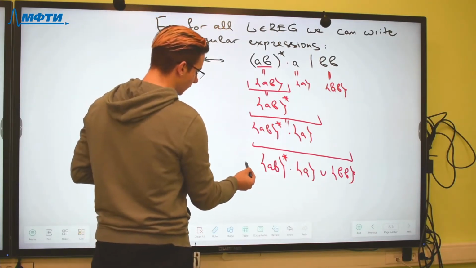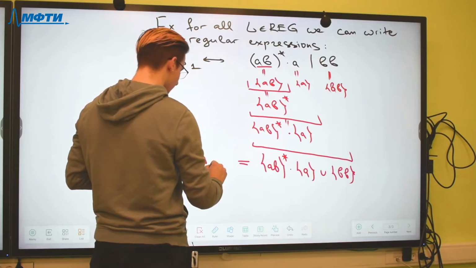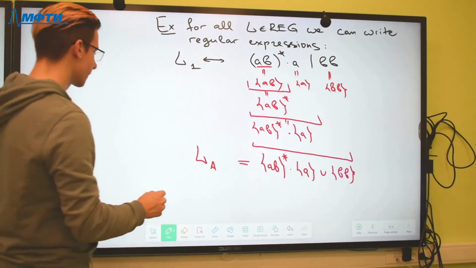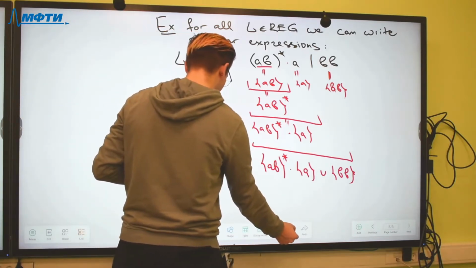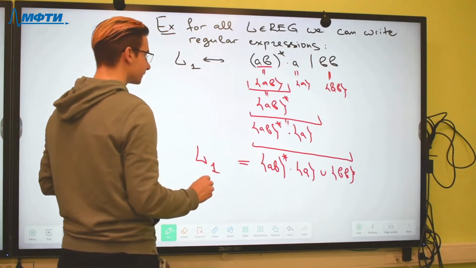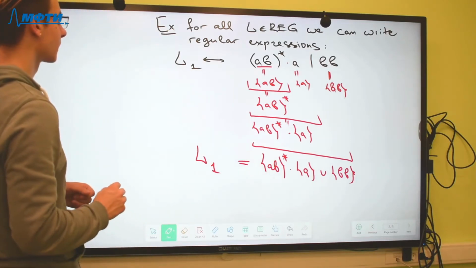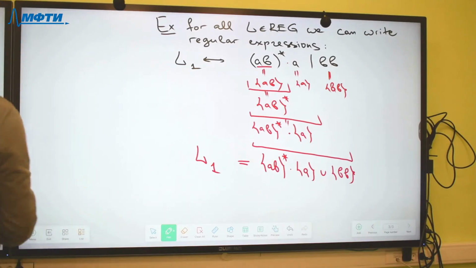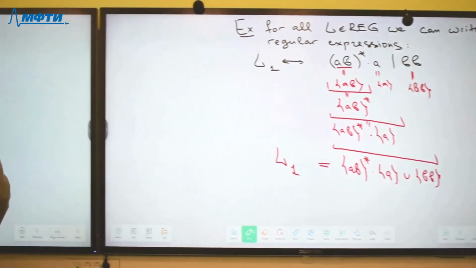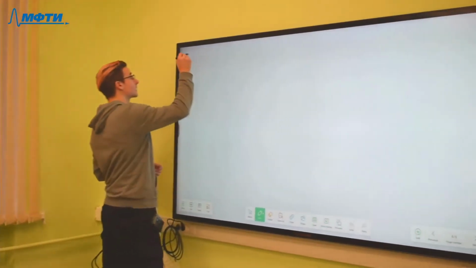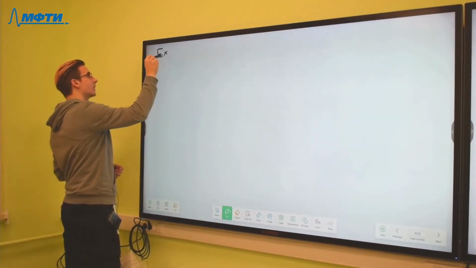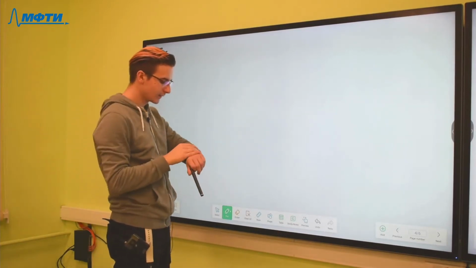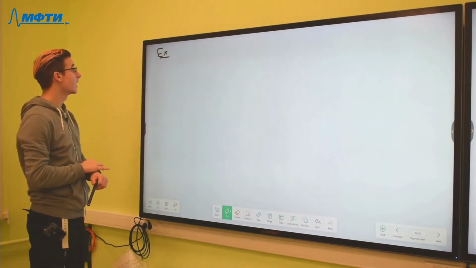So all of these words form a language L with index 1. And I make a next example of why regular languages are connected with the deterministic finite automaton.